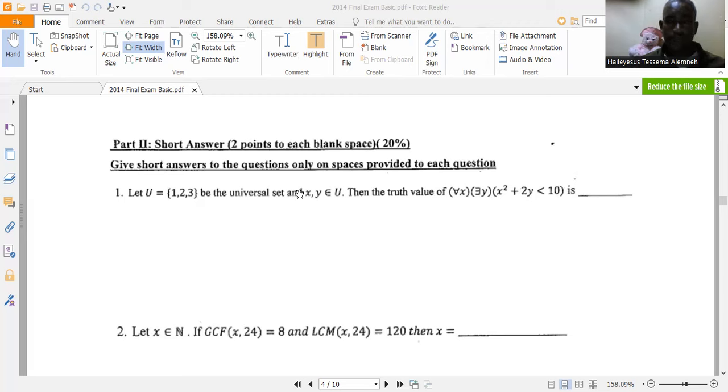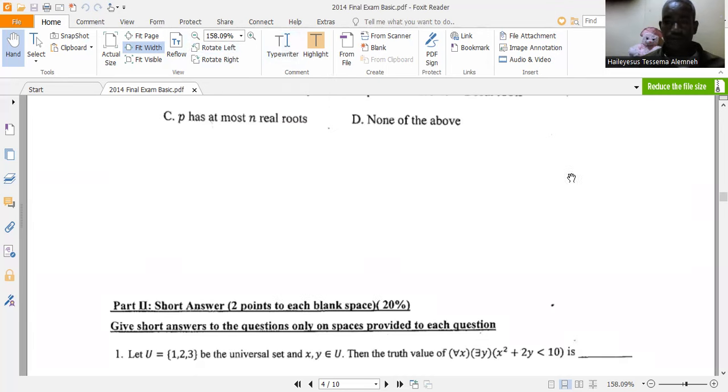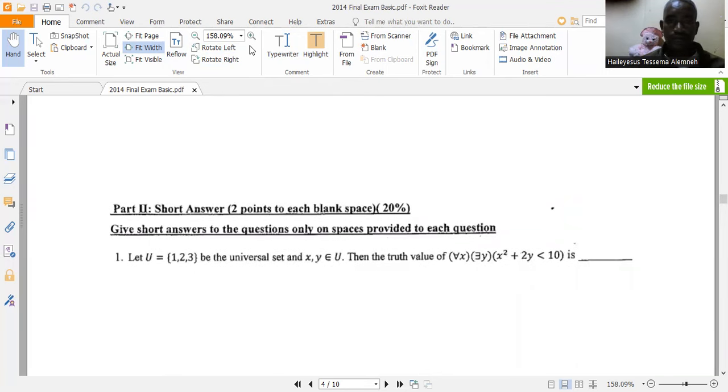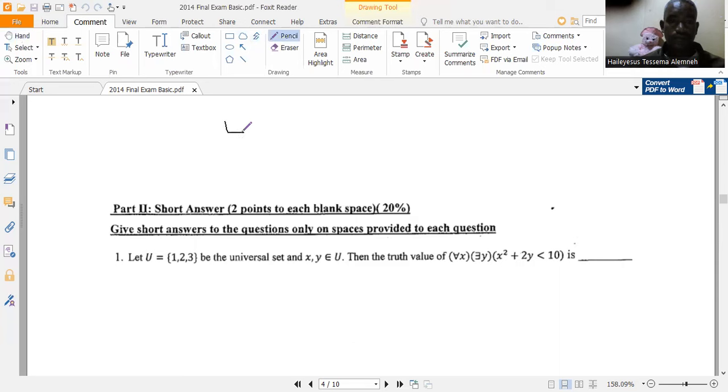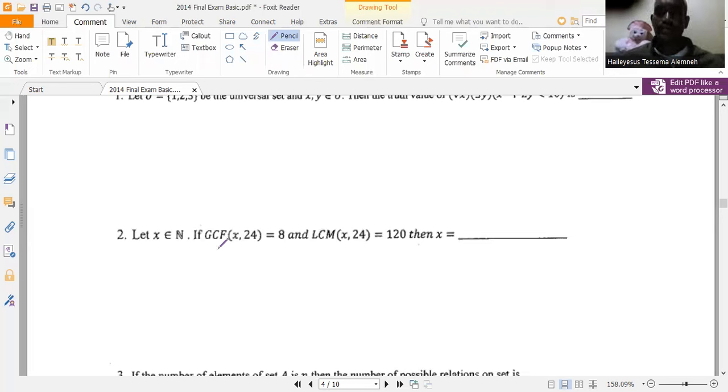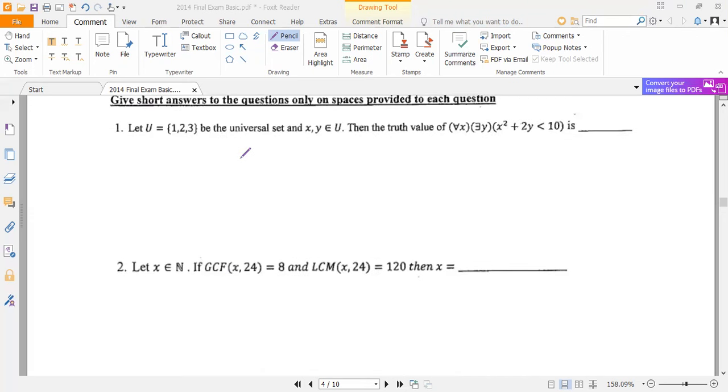Let's remember some of the concepts related to this one: existential and universal quantifiers when they come together.